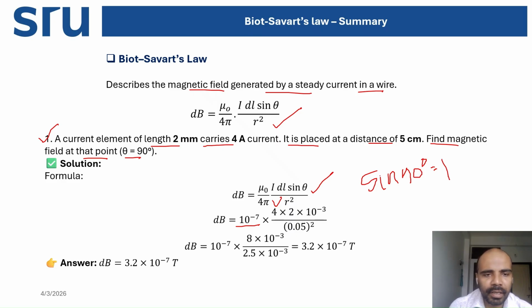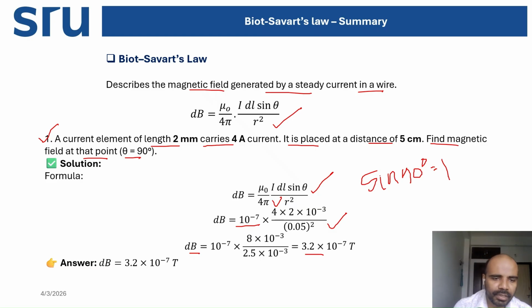What is the distance between the current element and the field point P, where we need to calculate the magnetic field? That is 5 centimeter, which means 0.05 meter. So put all these values in this expression, then you will get dB, that is the magnetic field, as 3.2 into 10 to the minus 7 Tesla.